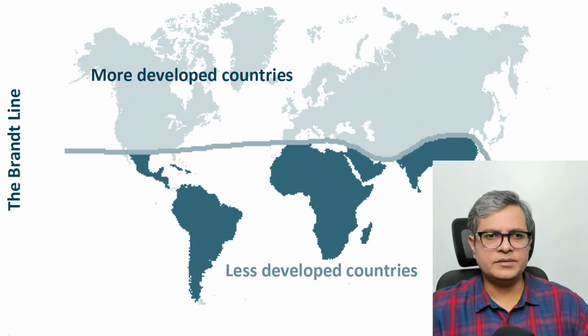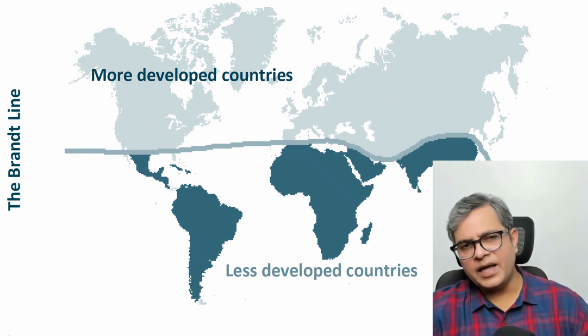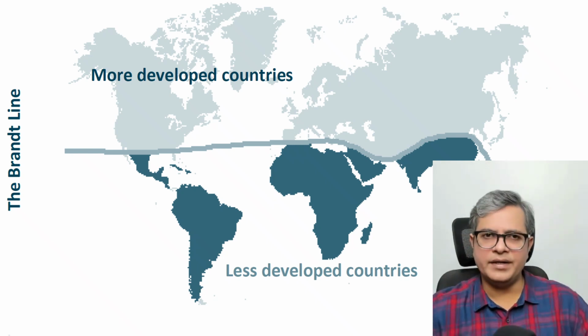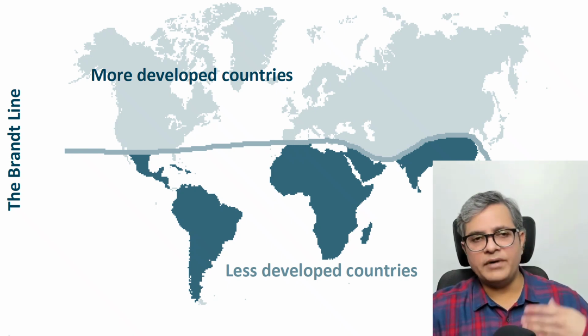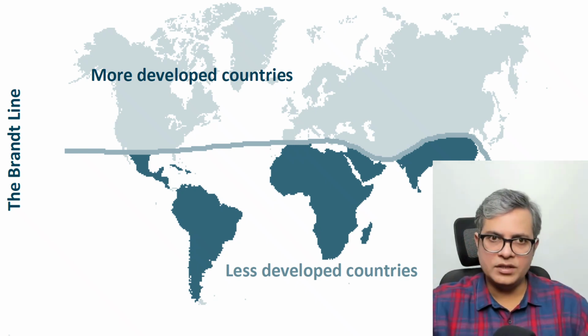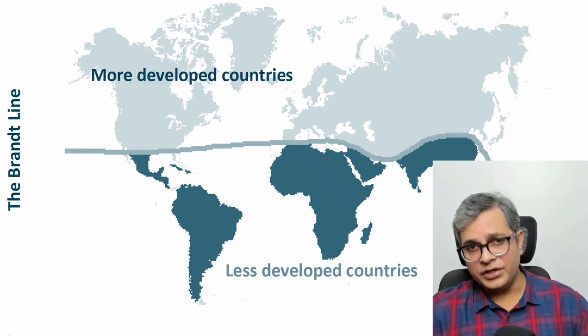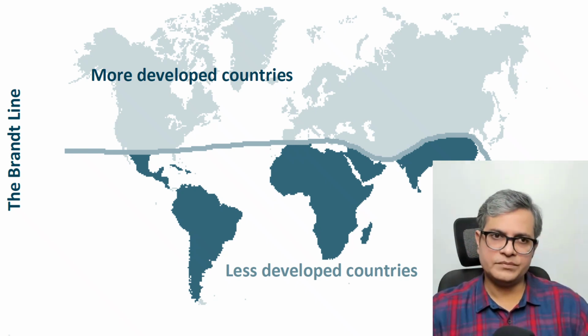Let us proceed further. Now, this is a map. This map is divided using the Brandt line. This line was drawn in 1980. It divided the entire world into northern hemisphere and southern hemisphere kind of, but this is slightly different. This divides the entire world into global north and global south. You will see that, leaving Australia and New Zealand, the entire global north is comparatively richer than the global south.